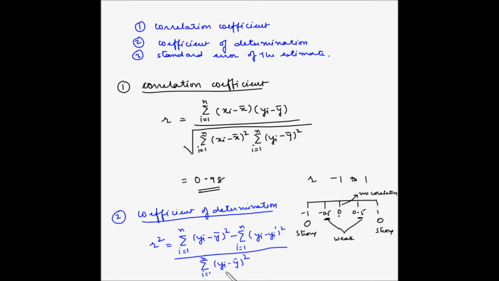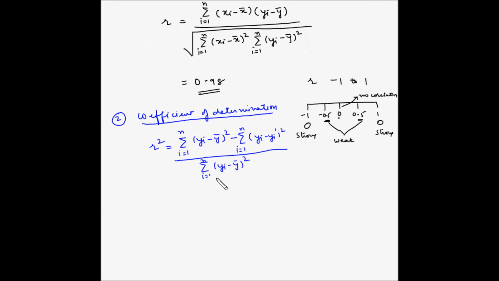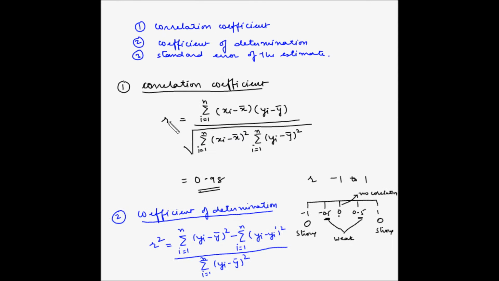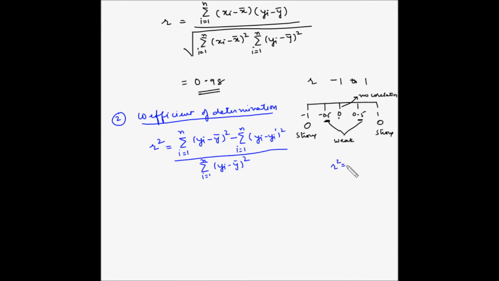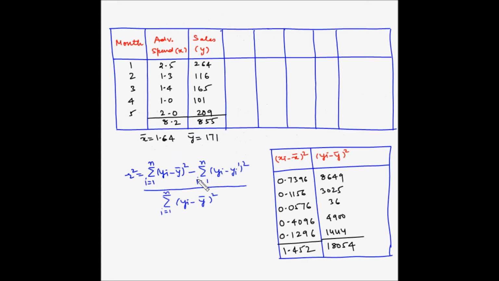So basically this first term and the denominator are the same. Now this r square is nothing but the square of this r. The value of r is 0.98, so the square of this comes out to be 0.96. However, let's use this formula to find the value of r square, and then we'll compare it with this.